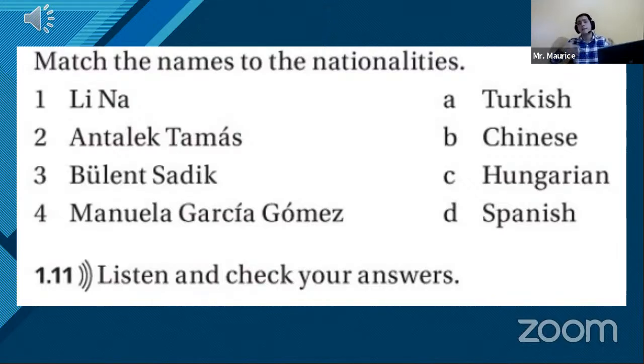What is the country? What do you call it, España? Manuela García is from Spain. So Manuela García is from Spain. Spain, correct. That's perfect. Okay, so let's continue. That was pretty easy, right?